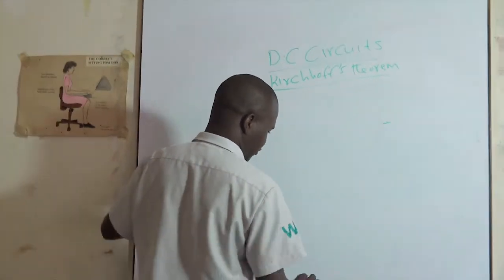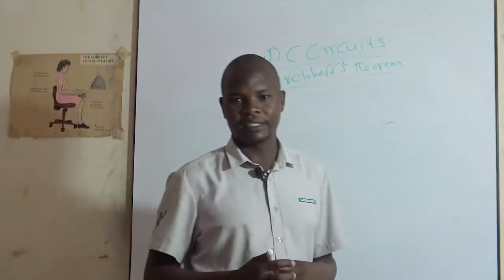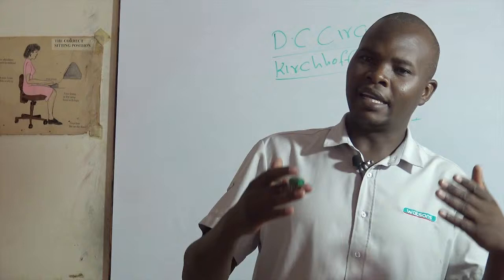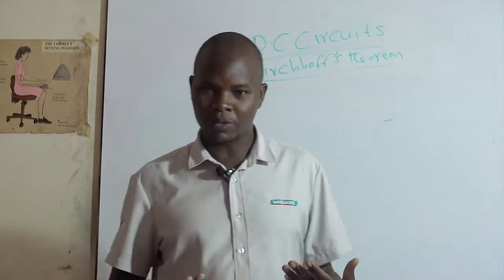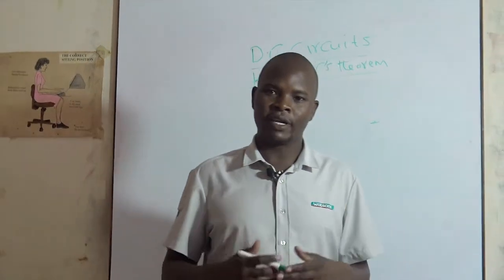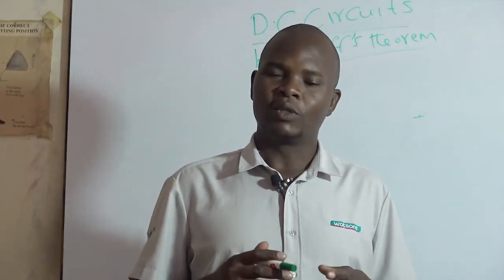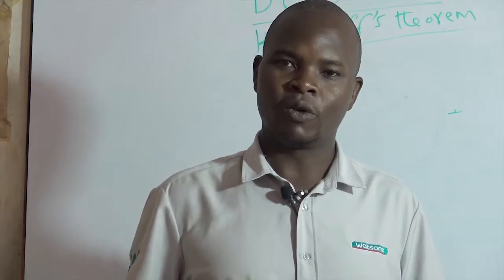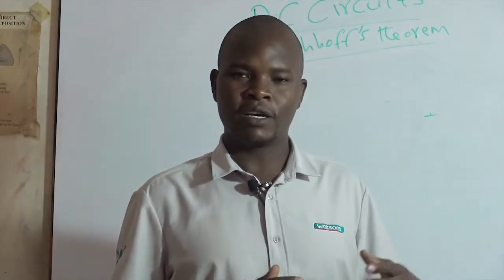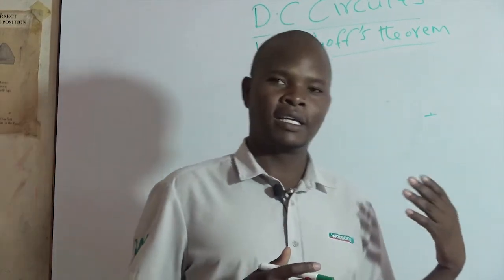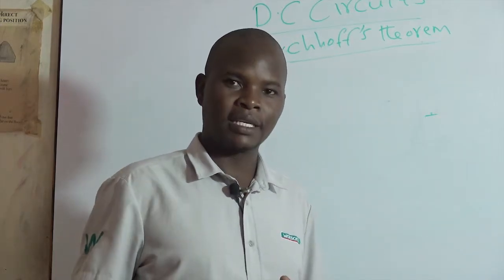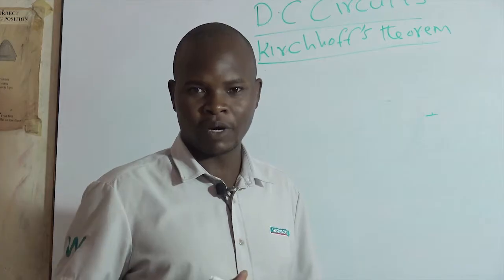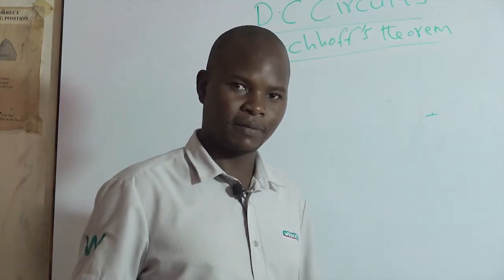Kirchhoff's voltage law states that in a closed circuit or in a closed loop, the voltage drops in that circuit are equivalent to the source EMF or the supply. So if you have resistors in a circuit, the voltage drops in that circuit are equivalent to the supply voltage from the source.